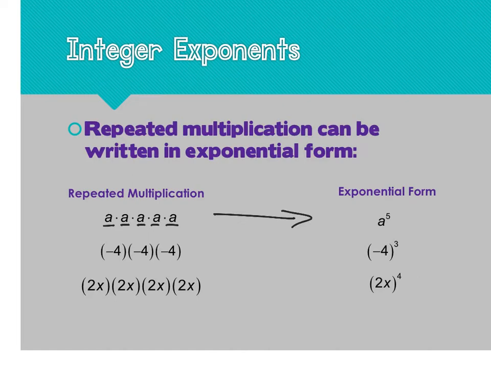It's going to be very important, and we'll talk about this in a minute: if you have a negative number, whether or not that number is in parentheses can change the answer. If you're repeatedly multiplying the same number, you count however many numbers you have, and that becomes the exponent. Everybody good so far? All right.